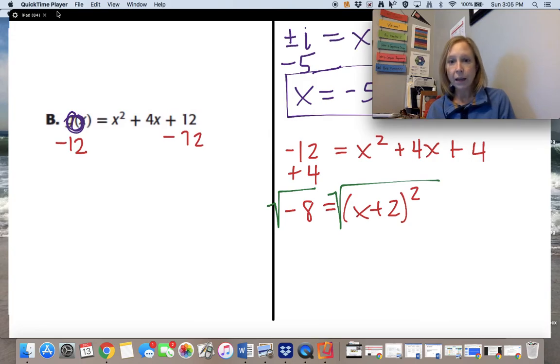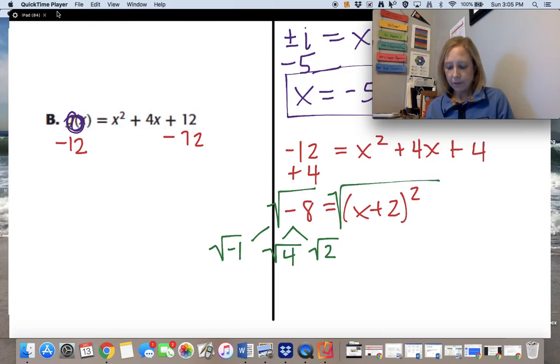Okay, so negative 8. There's a few things to simplify here. First of all, I know that I've got the square root of negative 1, so I'll have an i. I also know that 8 is 4 times 2, and I know 4 is a perfect square.